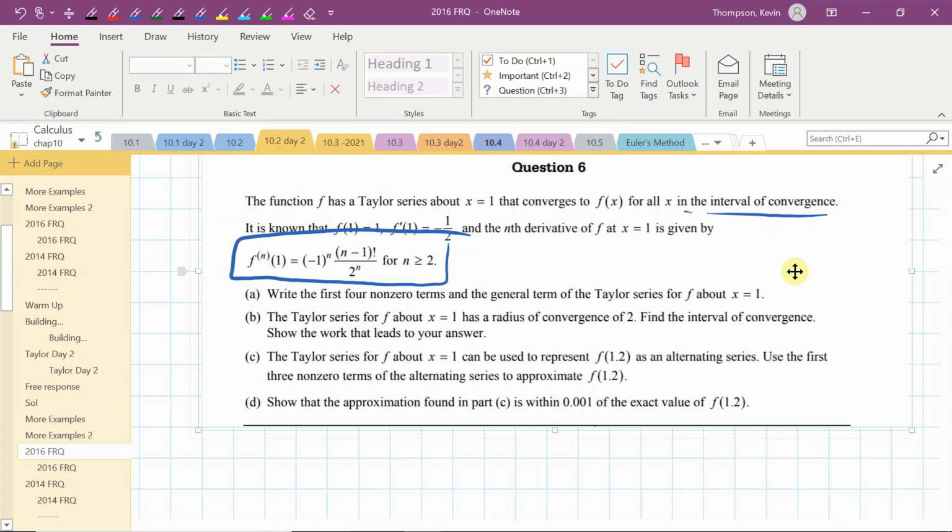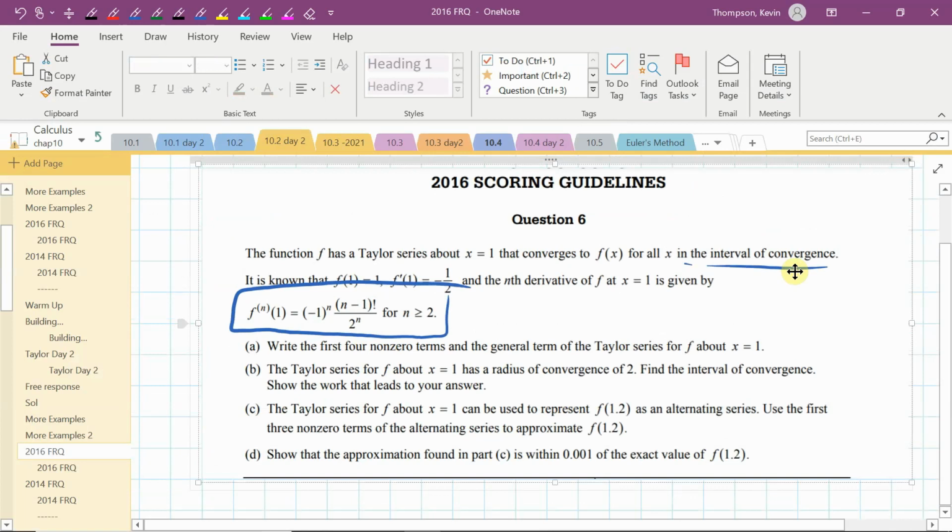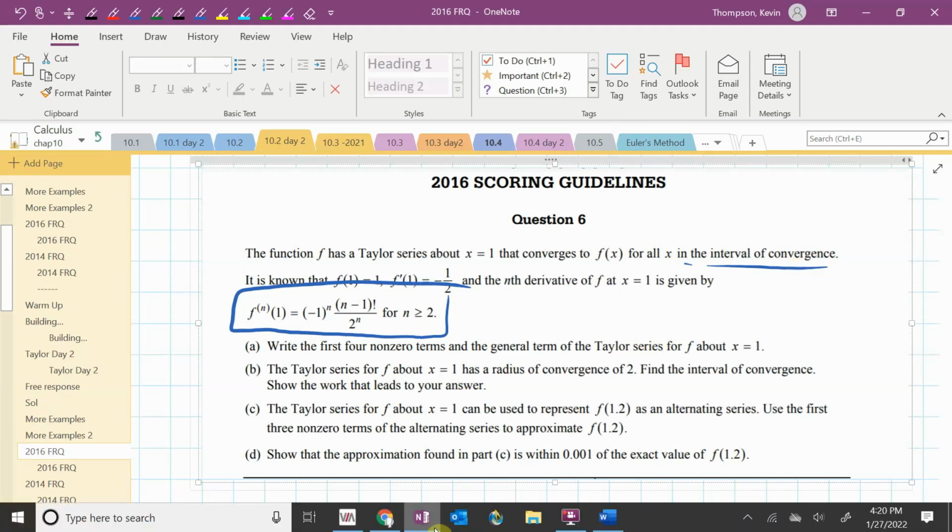This whole thought of this alternating series, this part C, we'll talk more about alternating series as we go. And then notice that in part D it's saying show the approximation is within some amount. That's starting to talk about error, and that's actually 10.3. So we're kind of on the edge of B, C, and D, but I hope you came up with something for A right now. So let me flip here.